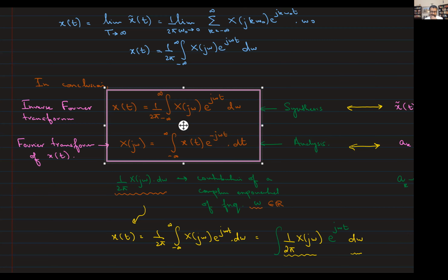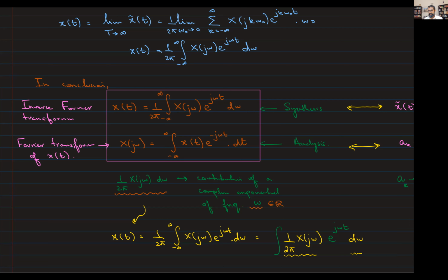So the conclusion is, okay, we started out with the Fourier series, right? Because that's something we knew. And then from the Fourier series, we tried to generalize that analysis for aperiodic signals. And from that generalization, we found that X of j omega is something called the Fourier transform, given by this analysis expression that you see on your screen, right?